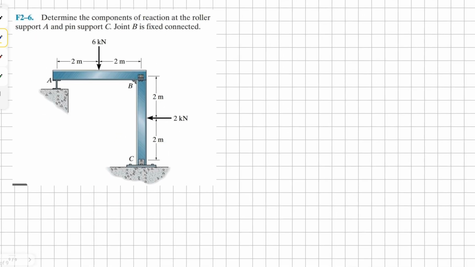For our next problem, we have members AB and BC, but our joint B is a fixed connection. Therefore, we can treat this whole structure as one. So let's draw our free body diagram.